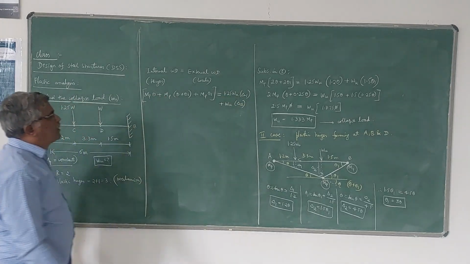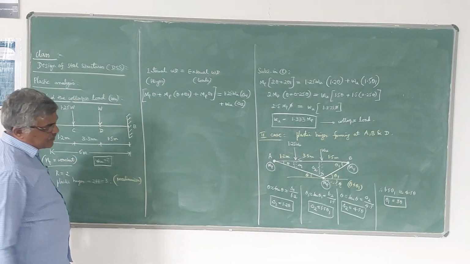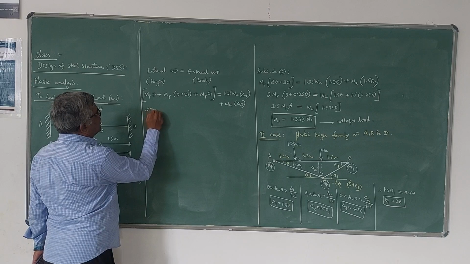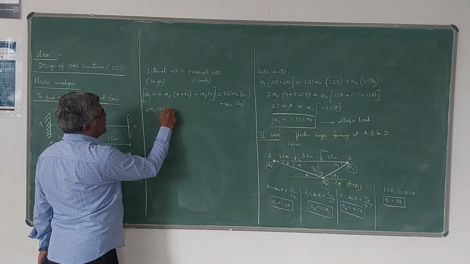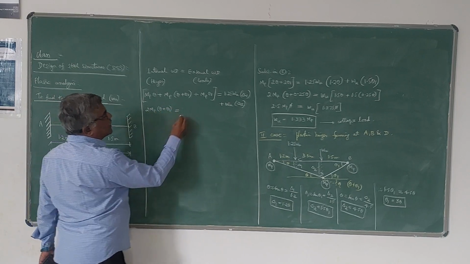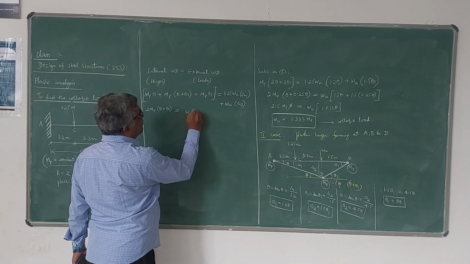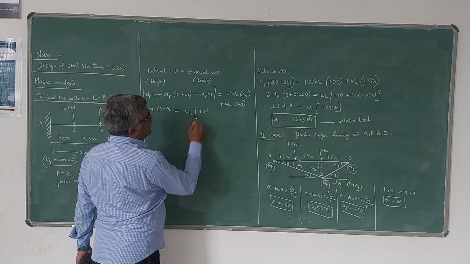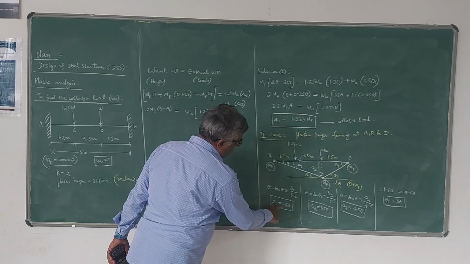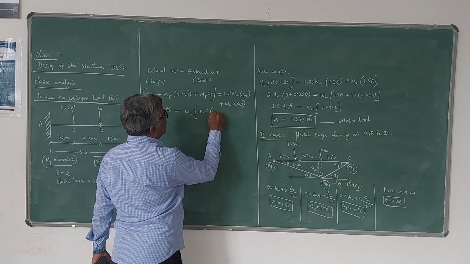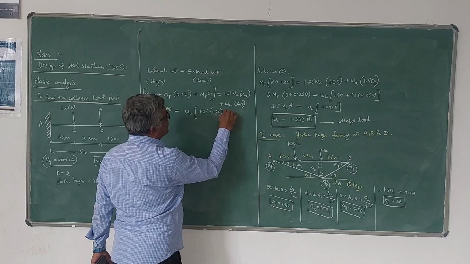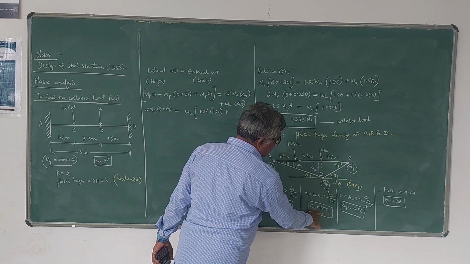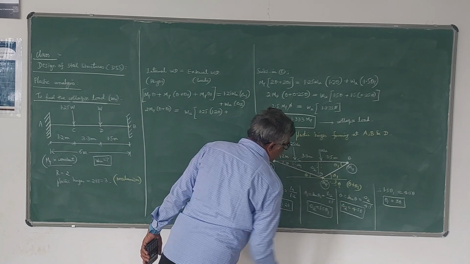Now let us substitute the things using those relations. Here this becomes 2MP into theta plus theta 1 as in the earlier case. Here I will take W as common. It becomes 1.25 delta 1. Delta 1 is 1.2 times theta, plus delta 2, for which I can write 4.5 theta.